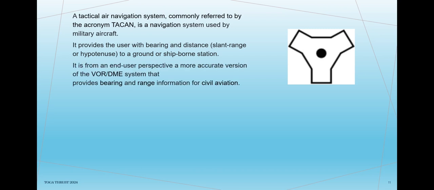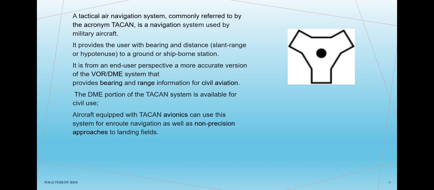It is a more accurate version of the VOR/DME system, that provides bearing and range information for civil aviation. The DME portion of the TACAN system is available for civil use. Aircraft equipped with TACAN avionics can use this system for en route navigation, as well as non-precision approaches to landing fields.